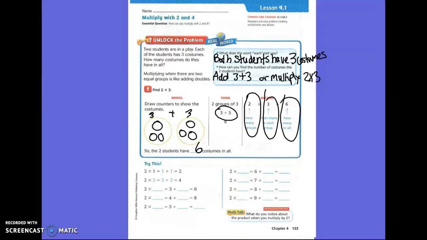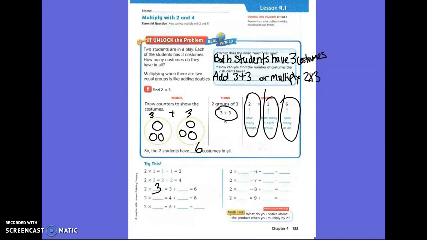2 times 1 equals 1. We know that because of the what property? No, not commutative. Anything times 1 is that number. What property says that? The identity property. Now, then the next one is 2 times 2, the same thing as 2 plus 2.